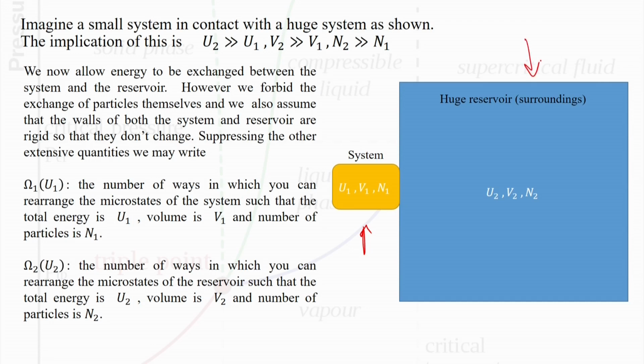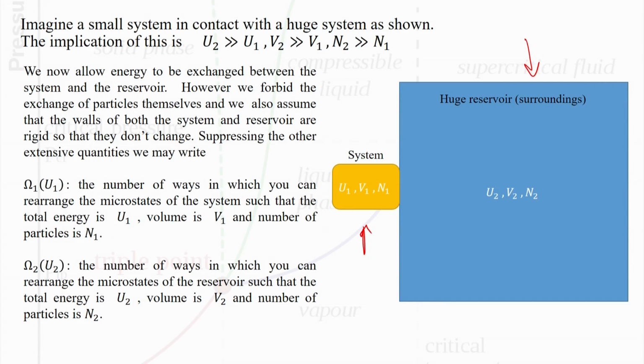So, imagine that there is a system which is surrounded by some huge reservoir, and that reservoir could be, for example, the atmosphere itself. You can have a system which could be a gas trapped in a container, placed in the Earth's atmosphere, and the atmosphere itself is the reservoir, and the gas trapped in your container is your system.